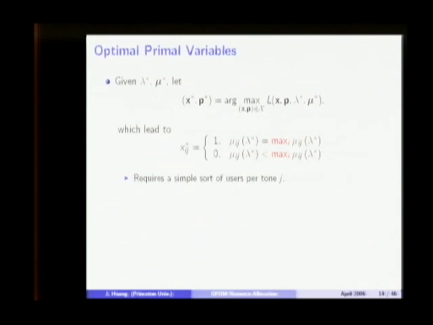And essentially we are doing a simple sort per tone: we sort through all the users I on a particular tone j and look at the maximum value. If the corresponding value of a particular user equals this maximum value, we assign this channel to that user. If not, we assign 0. So this naturally becomes an integer solution.